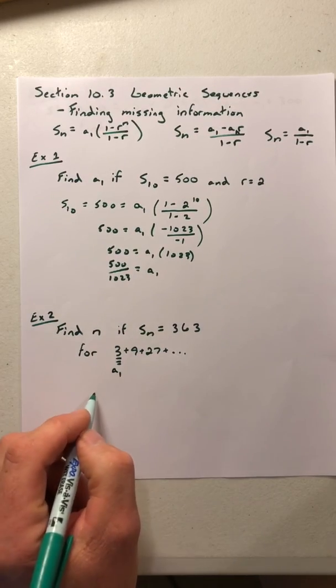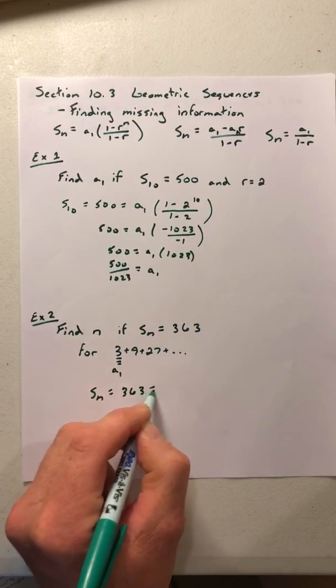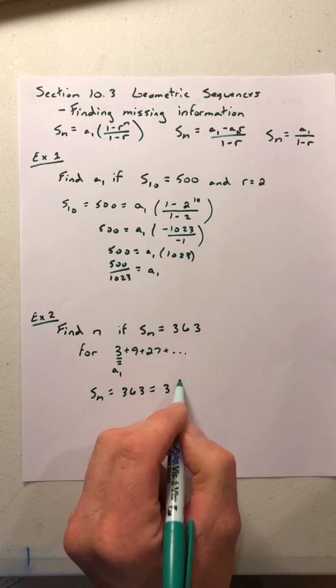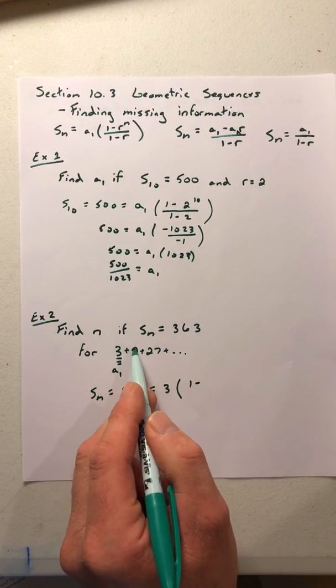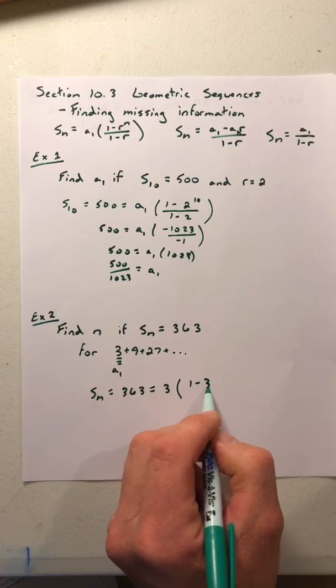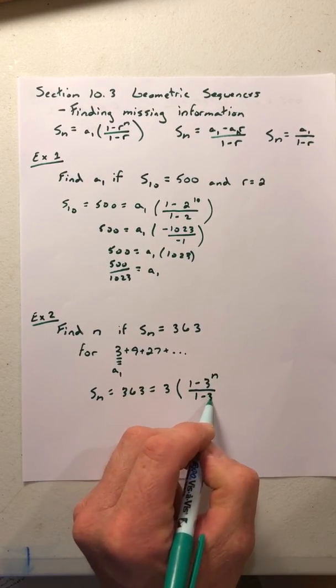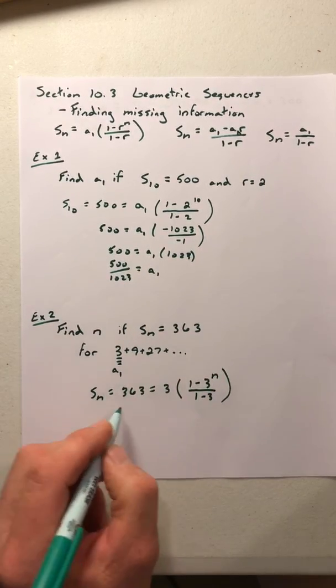So I know that s of n is going to equal 363, and s of n also equals that first term, which is 3, times 1 minus the common ratio. How do I get from 3 to 9 to 27? I multiply by 3. So 1 minus 3 to the n over 1 minus 3. Now I can solve this equation.